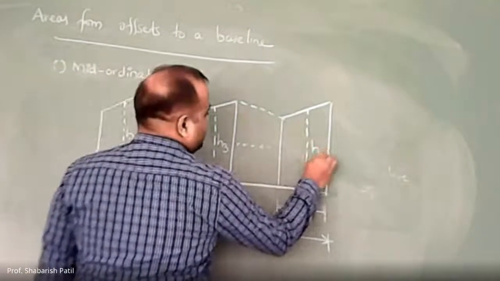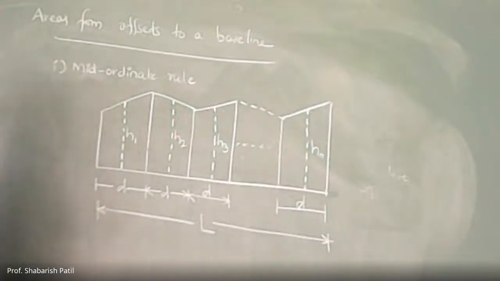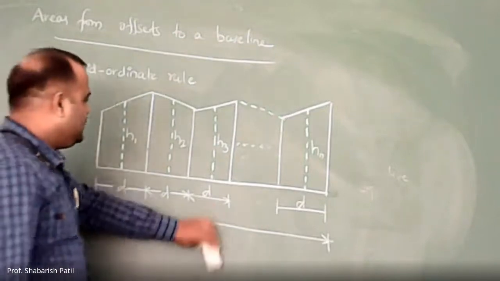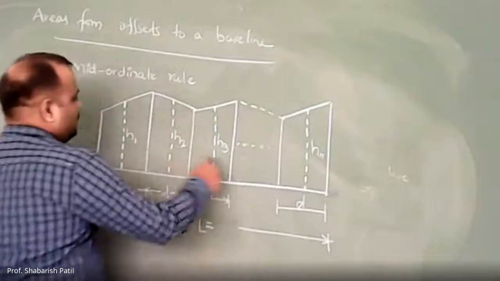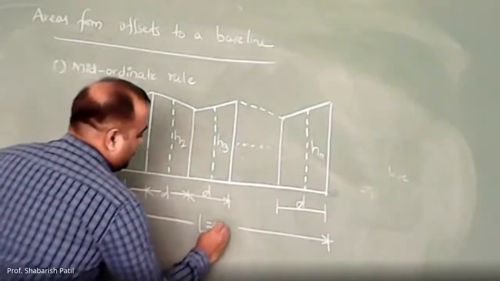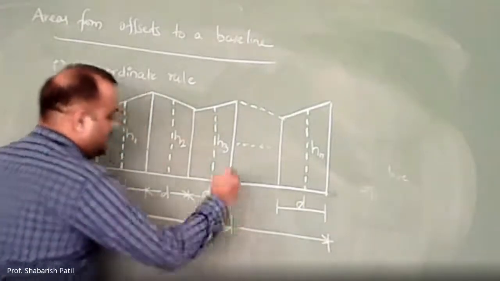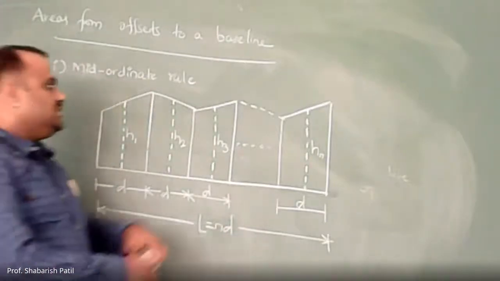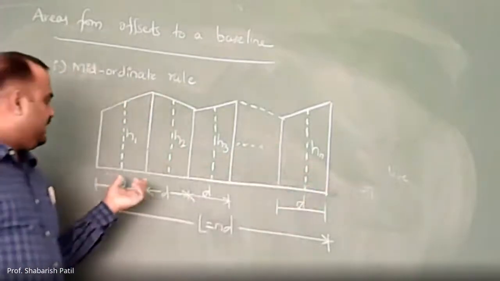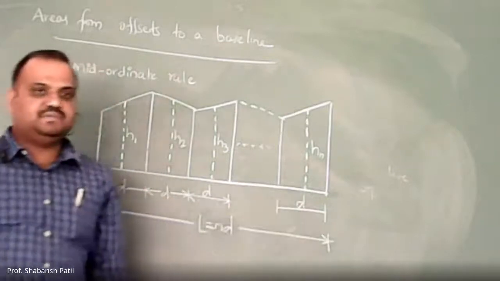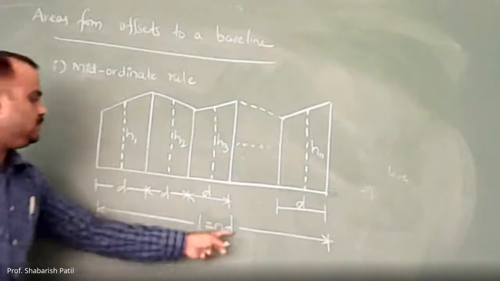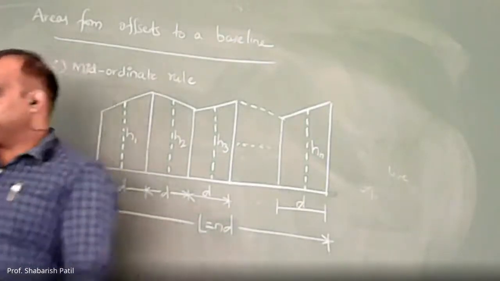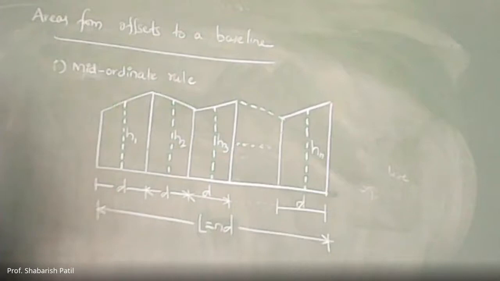Can you tell me what L equals in this case? Each segment is of equal length d, so the total length is L equals n into d. If I have 10 segments and d is 5 meters, then L is 50 meters.